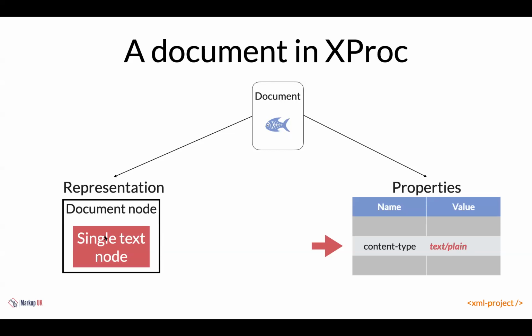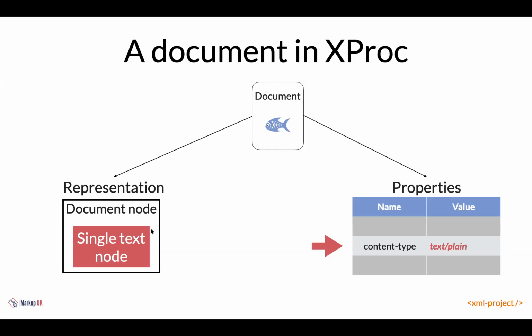One important thing to keep in mind when we talk about text documents is that the mapping between content type and a representation for text documents is only true if you read it from left to right, from the content type to the representation. The opposite is not true.